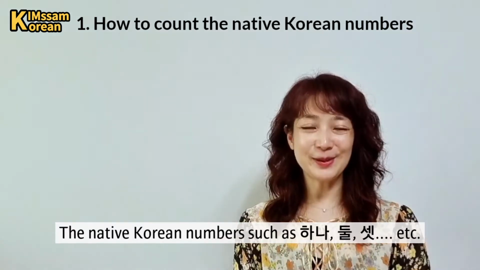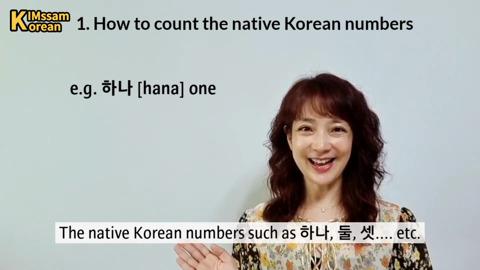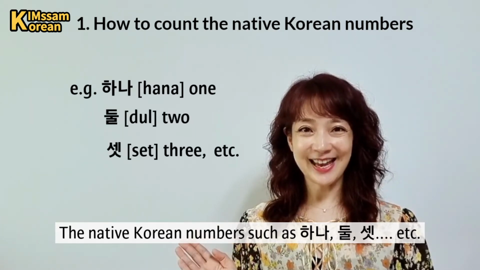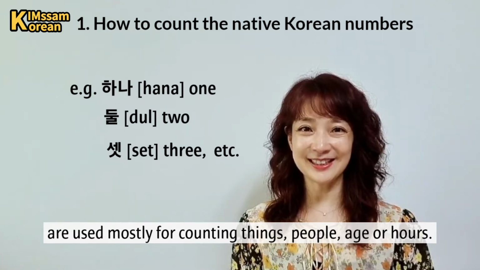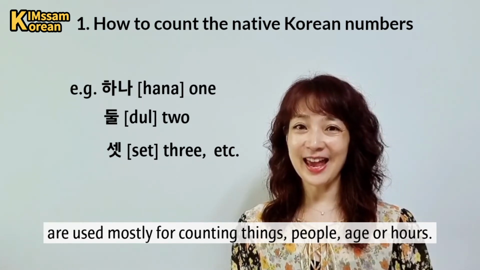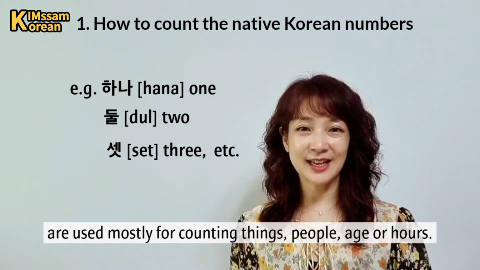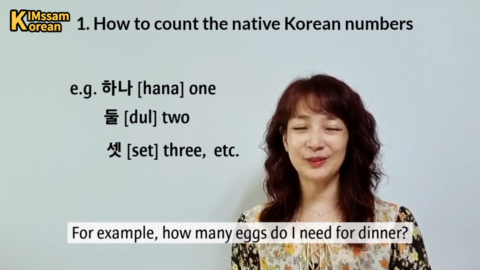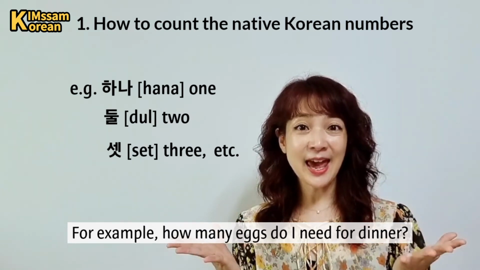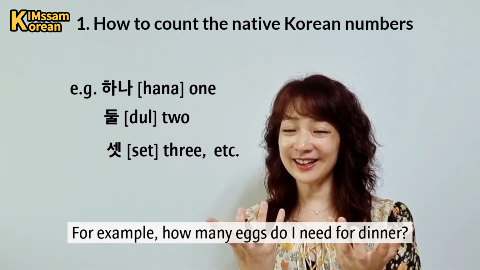The native Korean numbers such as 하나, 둘, 셋, etc. are used mostly for counting things, people, age, or hours. And when you count the numbers with the fingers, for example, how many eggs do I need for dinner?